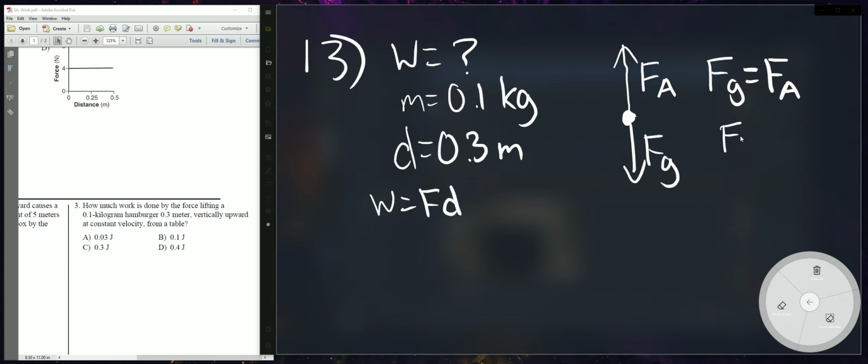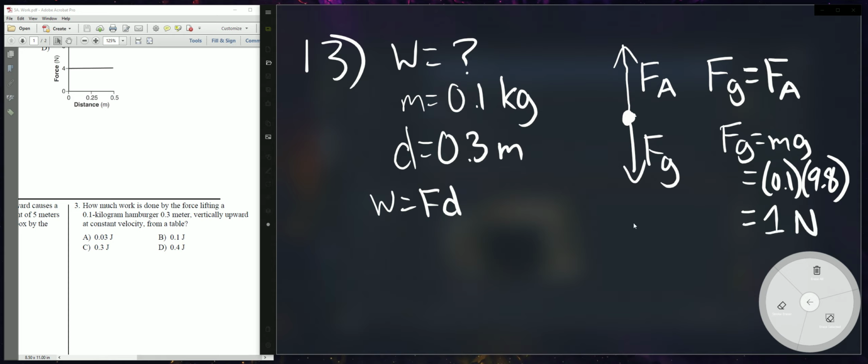We know that Fg is mg, and so my mass is 0.1, and my g is the positive version of acceleration due to gravity, around 9.8 to 10. So 10 times 0.1 gives you a force due to gravity of 1 newton.